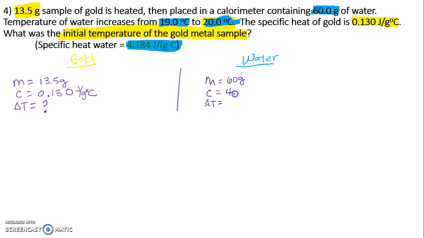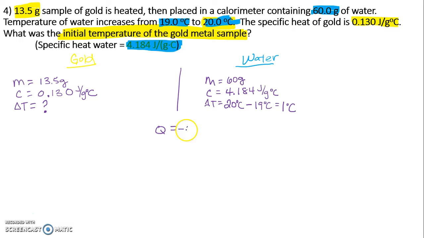C for water is 4.184 joules per gram degree Celsius. And delta T, it went from 19 to 20. So T final is 20 degrees Celsius minus where it came from, 19 degrees Celsius equals a whole 1 degree Celsius.